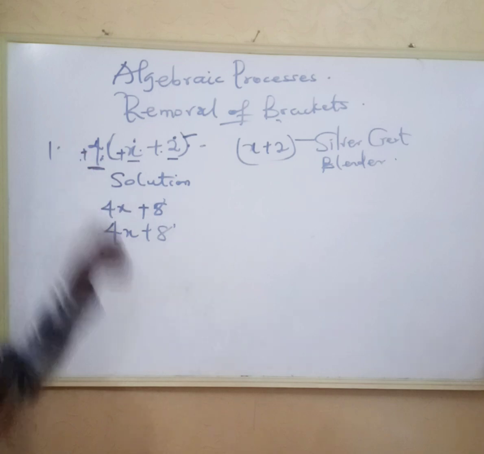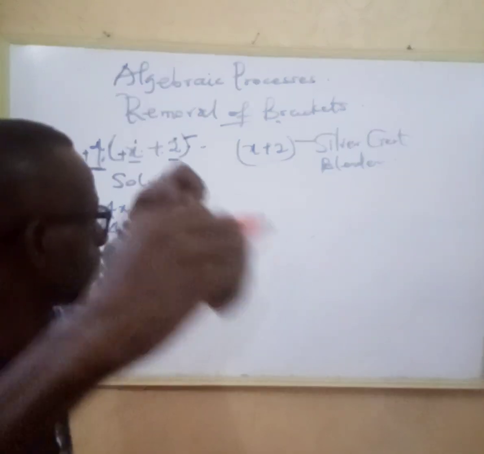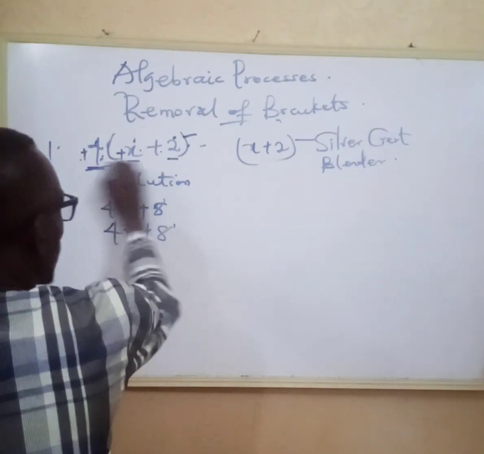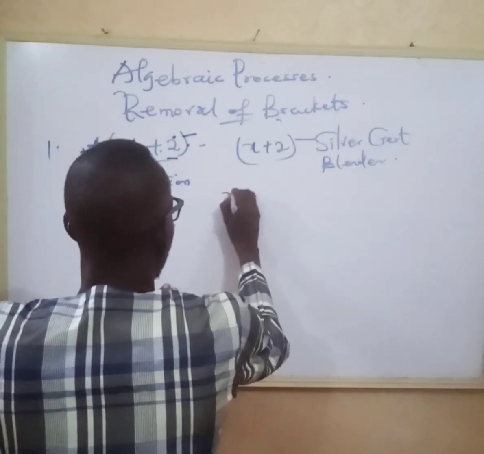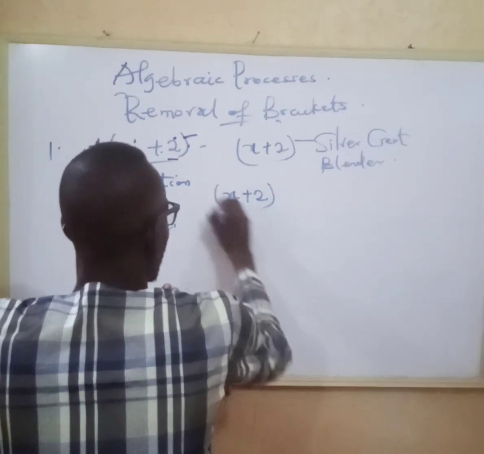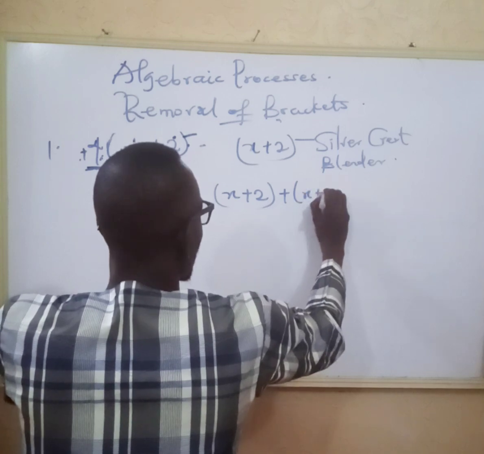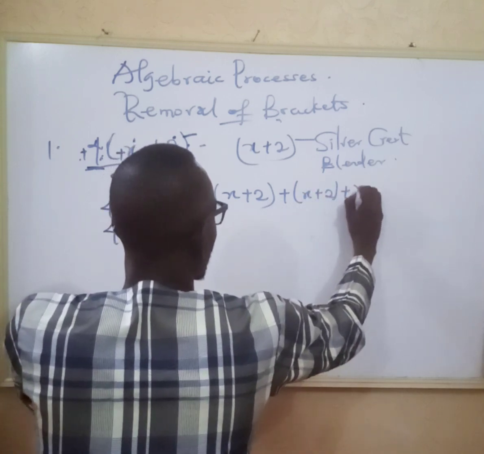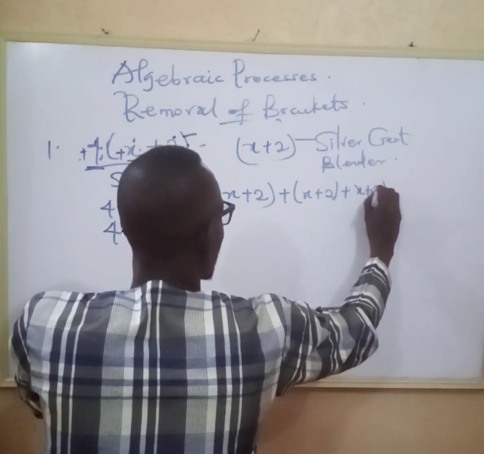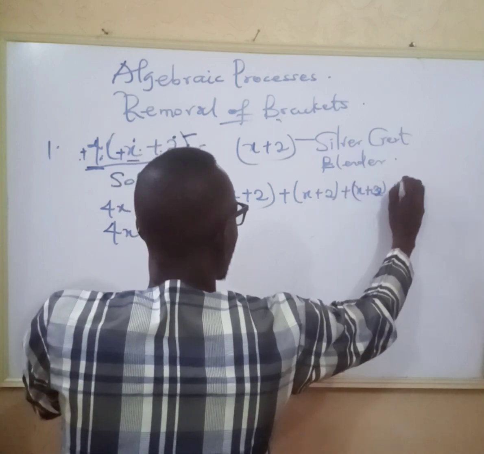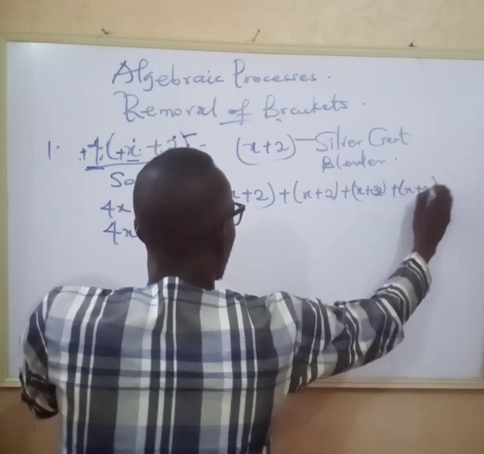That means we have 4 Silver Crest Blenders. In this problem, we have s plus 2, that's the first Silver Crest, plus s plus 2, that's another Silver Crest, plus s plus 2, that's another Silver Crest, plus s plus 2, that's another Silver Crest.